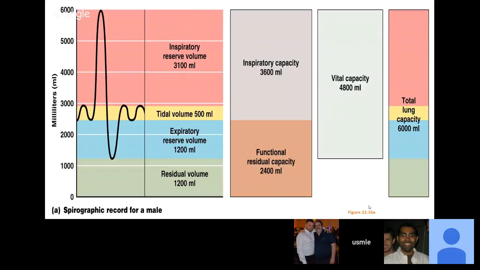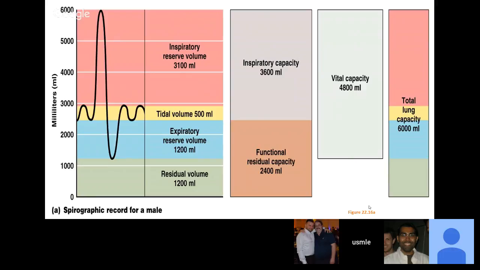So from there, what you can do is calculate vital capacity. Vital capacity is a must-have within your healthy lung to have a good exchange of gases, good volume with the gases, good compliance and good elasticity. And the vital capacity is the sum of the inspiratory reserve volume plus the tidal volume plus the expiratory reserve volume.